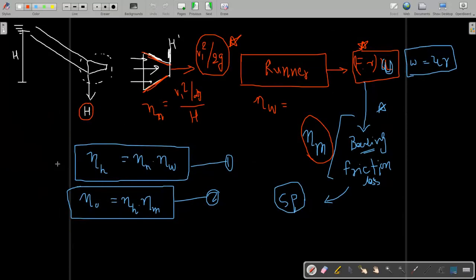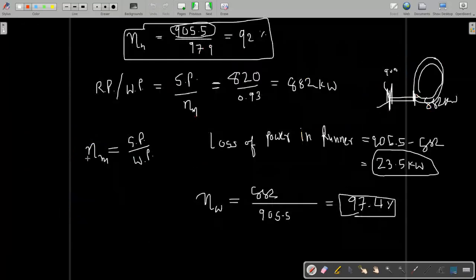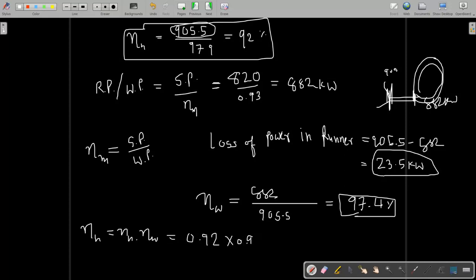Here I have written the equation of hydraulic efficiency. The hydraulic efficiency is given by nozzle efficiency into wheel efficiency. Nozzle efficiency is 92%, so 0.92, and wheel efficiency is 0.974 or 97.4%.